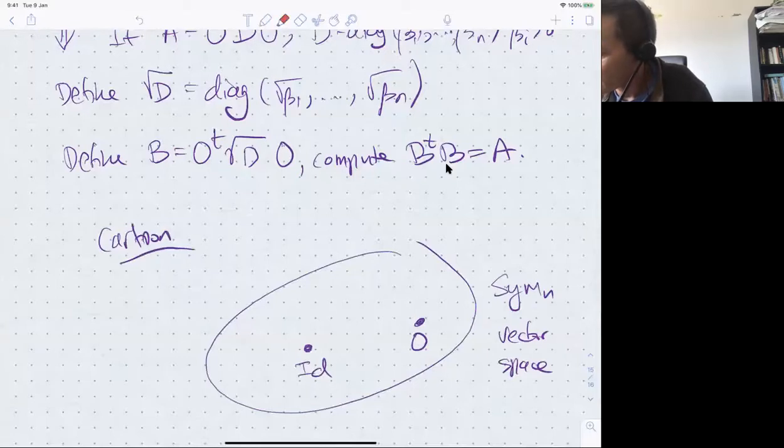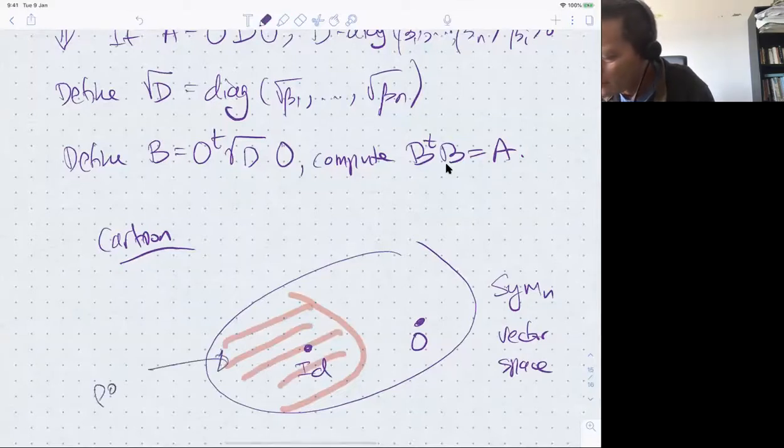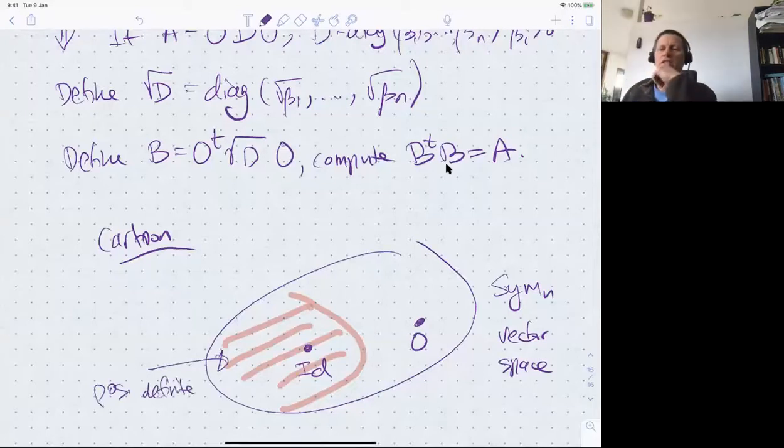So I'll just do it in color. So these are the positive definite matrices. This is a subcollection of the symmetric matrices, which contains the identity in its interior, and the rest of the space of symmetric matrices is made up of other things. And this is not important, but this picture is important for us.